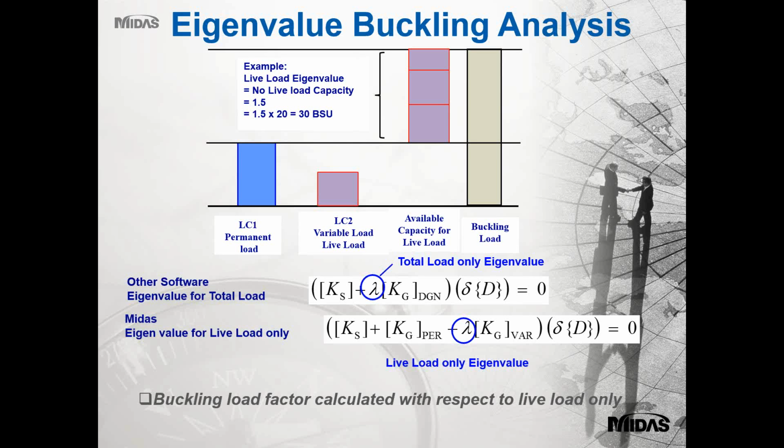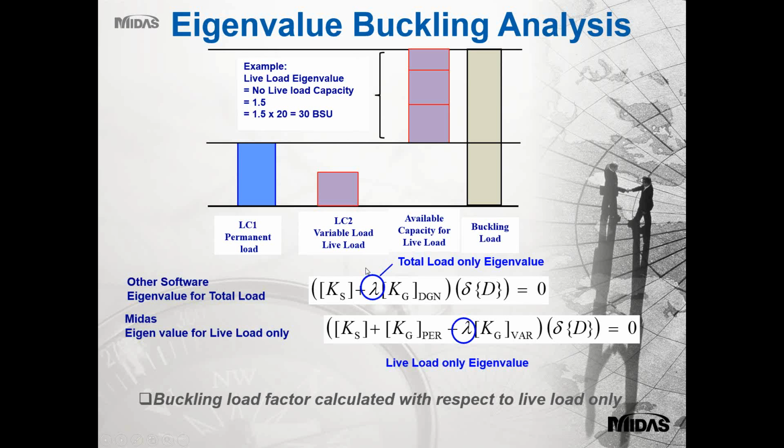What we do generally in buckling analysis is that we have a stiffness matrix, a geometric stiffness matrix, and an unknown called lambda, or eigenvalue. This lambda can be calculated considering the geometric matrix for both permanent and live loads at the same time, or with respect to the live load geometric matrix only.